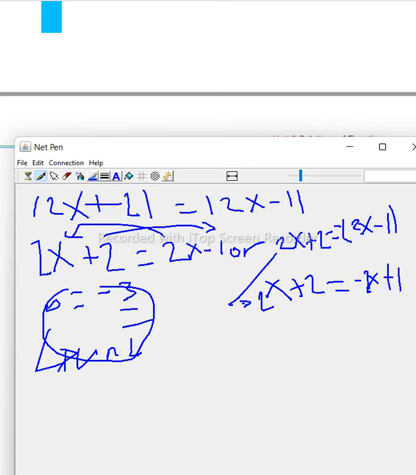So our answer will be, let us bring these together. This is minus 2x. When we bring it to the right of the equal sign, we get 2x plus 2x, which is 4x. Sorry for the handwriting problem.